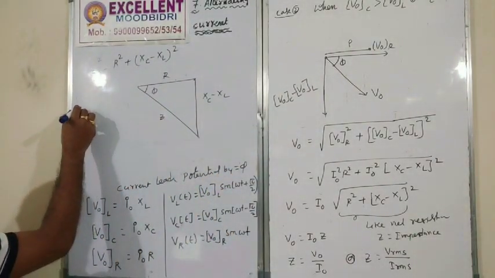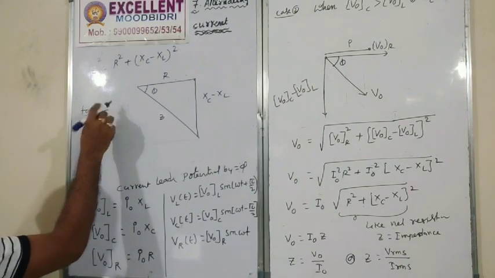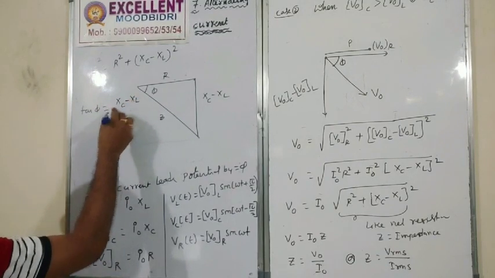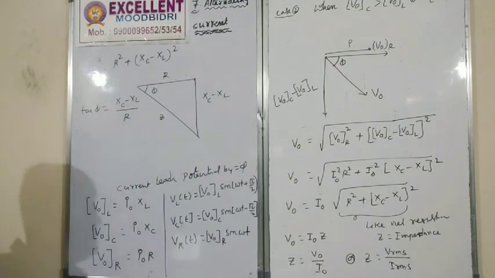So tan phi is equal to how much? Opposite side by adjacent: XC minus XL by R. The XC value you know, the XL value you also know, everything. Yes or no?